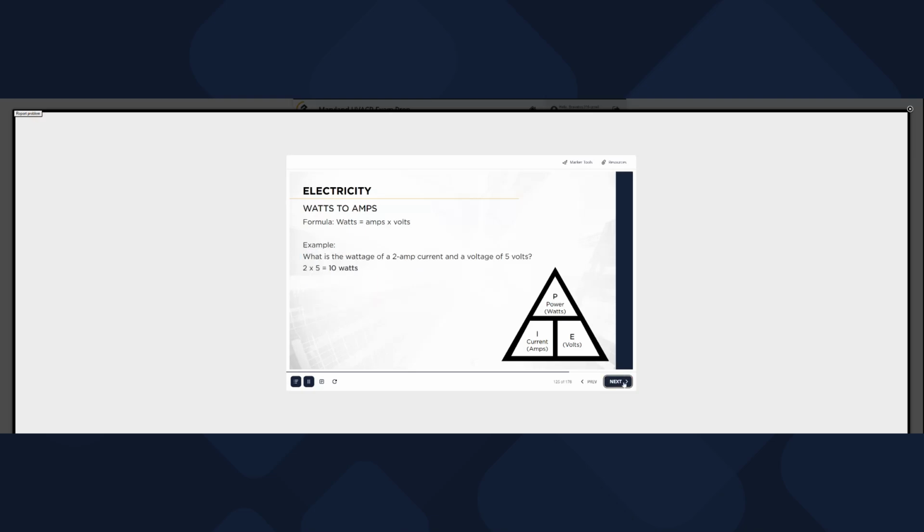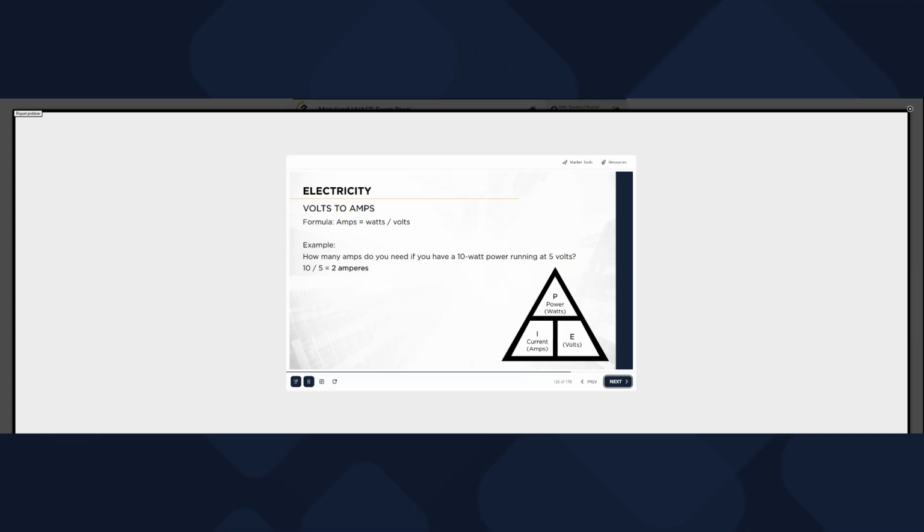Watts to amps. The formula to convert watts to amperes is amperes times volts. For example, what is the wattage of a 2-amp current and a voltage of 5 volts? 2 times 5 equals 10 watts. Volts to amps. The formula to convert volts to amps is watts divided by volts.